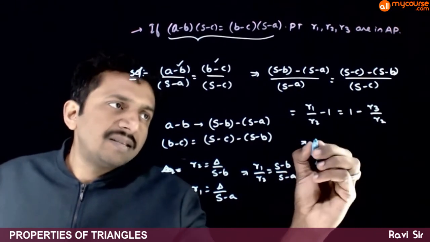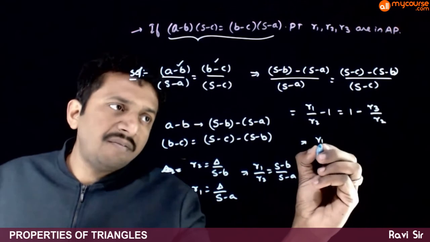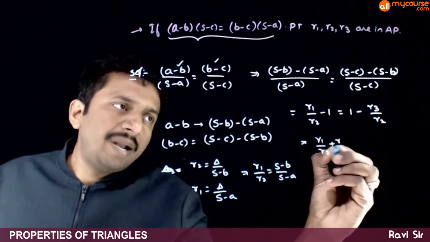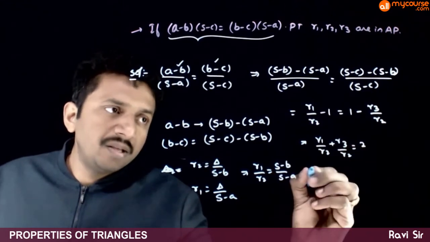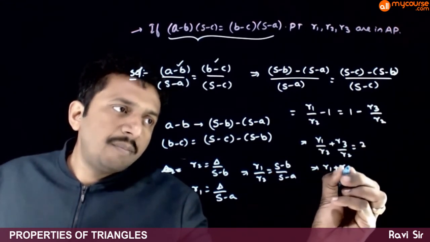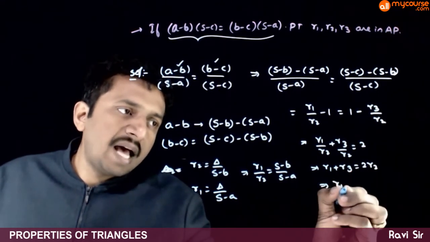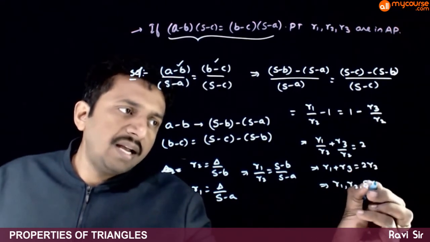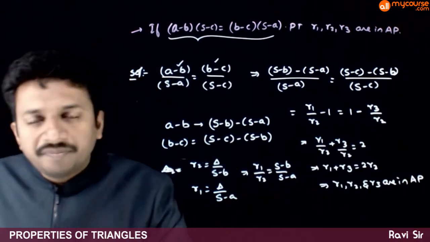So r1 by r2 plus r3 by r2 is equal to 1 plus 1, which is 2. This implies r1 plus r3 is equal to 2r2. This implies r1, r2 and r3 are in arithmetic progression.